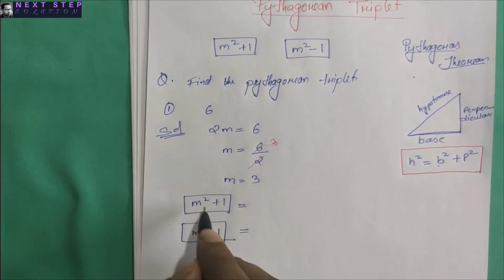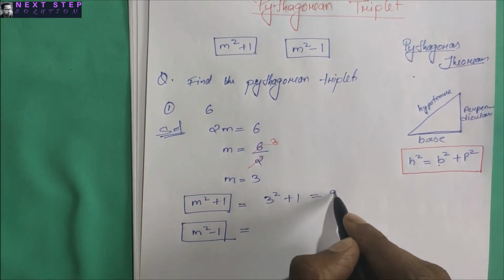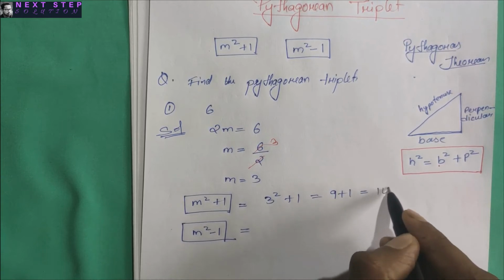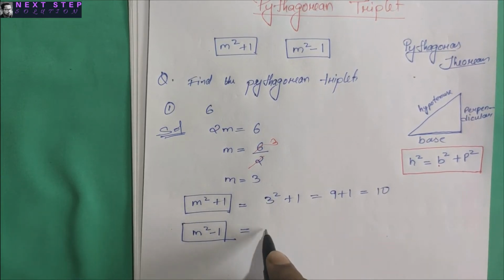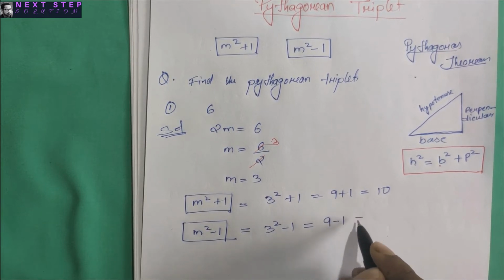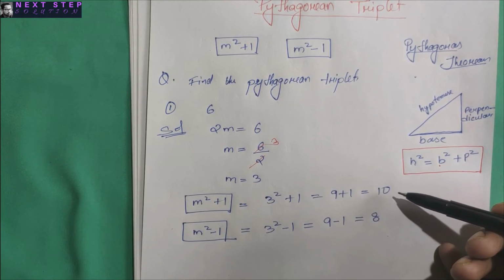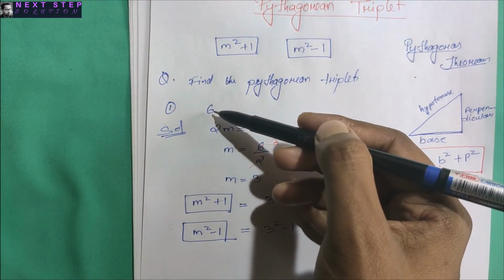Now, m is 3. 3 square plus 1, which is 9 plus 1, becomes 10. And m square minus 1 is 3 square minus 1. 3 3s are 9 minus 1 gives you 8. So these are the numbers. 8 and 10 are the other two numbers of the Pythagorean triplet of 6.